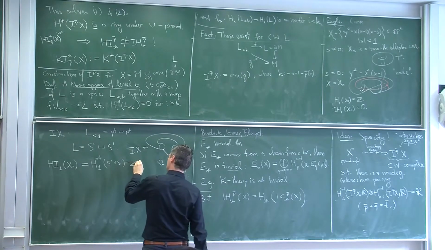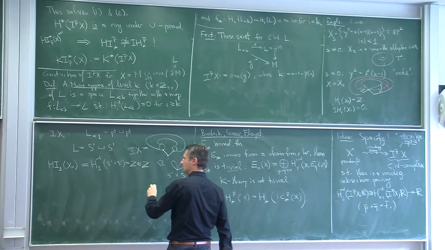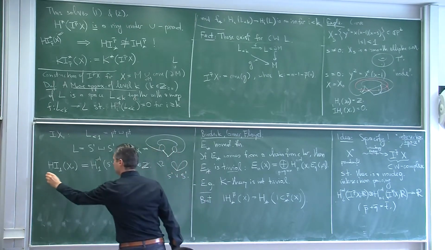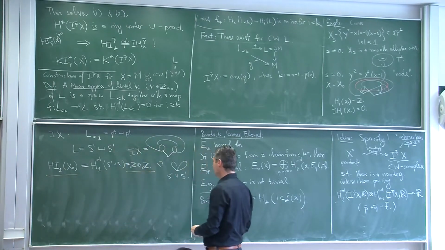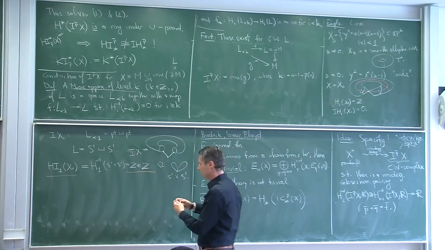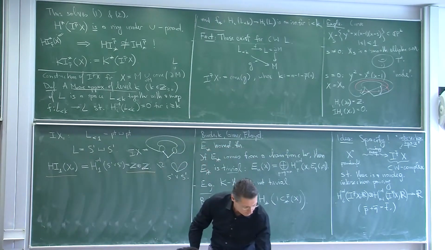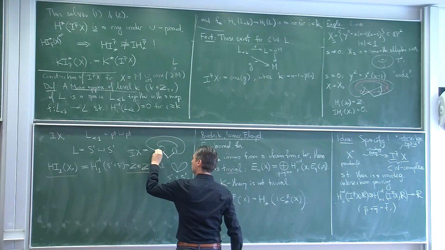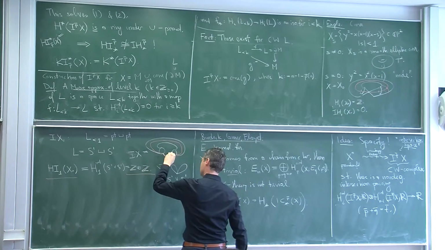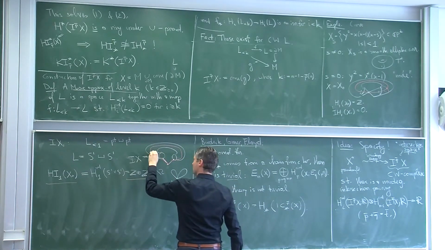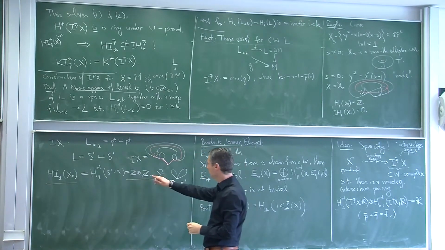That's Z plus Z. And so now you see that's kind of nice because one of these Z's is generated by the longitude here, and the meridian is also not homologous to 0. That's the other Z.